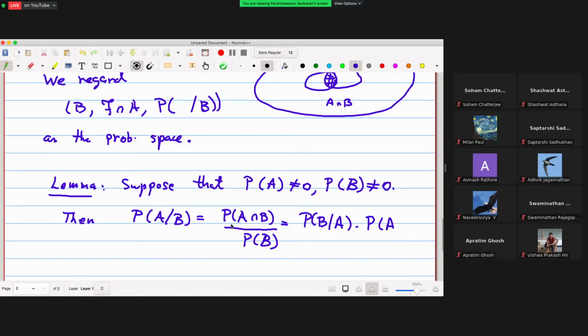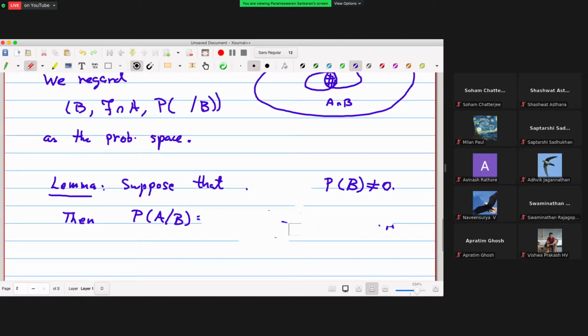Actually, I can just compress this into just one. I want to say it slightly differently. The probability of A intersection B is equal to the probability of A given B times the probability of B. Okay, means the same.